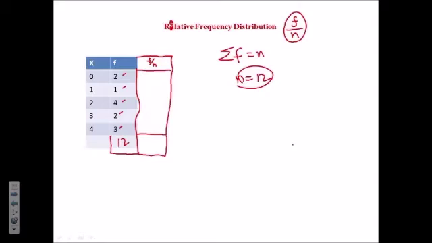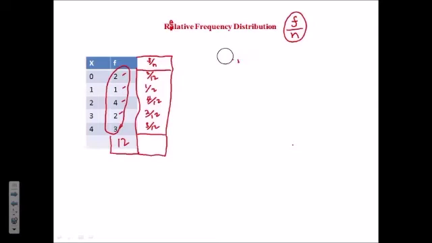So take the frequency 2, divide it by 12. Take the frequency 1, divide it by 12. I'm taking this column and dividing it by 12. 4 divided by 12. 2 divided by 12. 3 divided by 12. So that's the way you would make a relative frequency distribution chart.